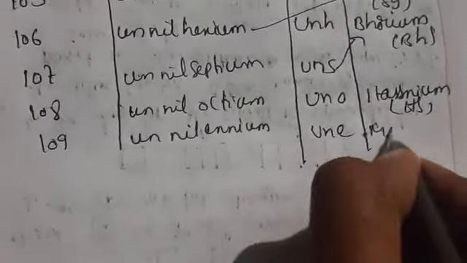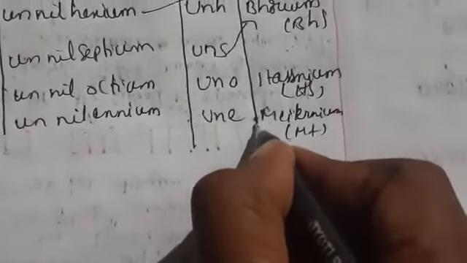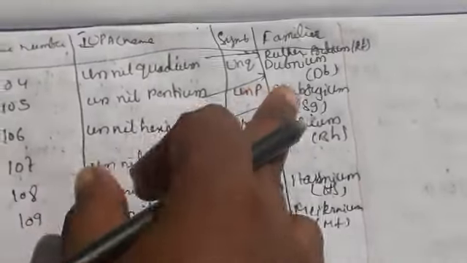The common name is meitnerium, Mt. These are the IUPAC names, and these are the familiar names.